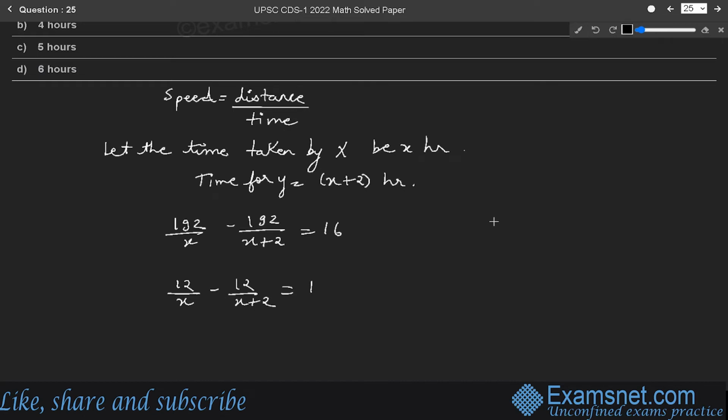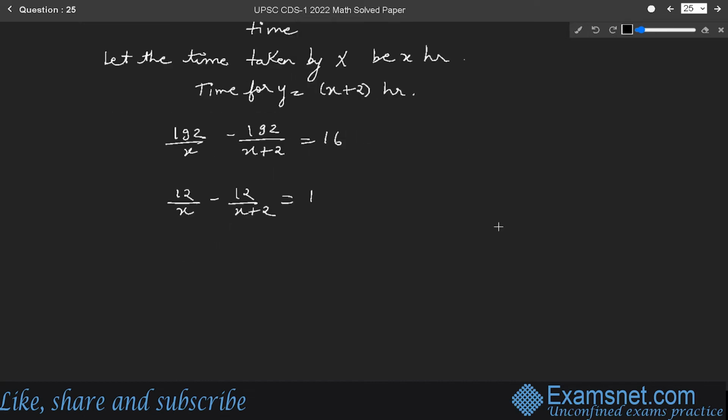Otherwise, we can also follow a solution. So the solution will be 12 into x plus 2 minus 12x is equal to x into x plus 2. We will get 24 is equal to x square plus 2x, or x square plus 2x minus 24 is equal to 0. Now we have to find the factors.